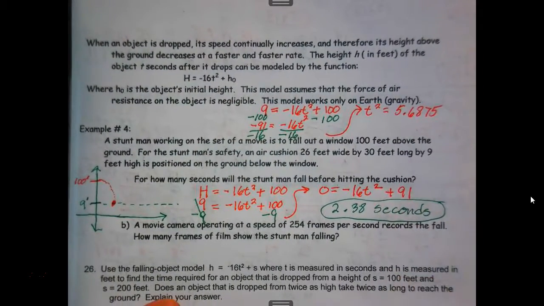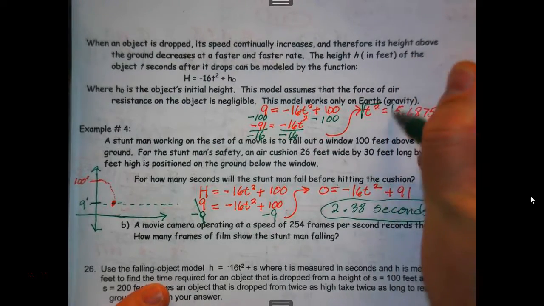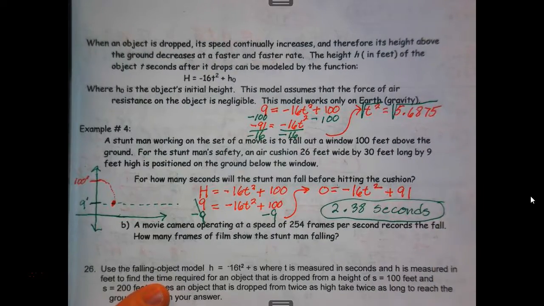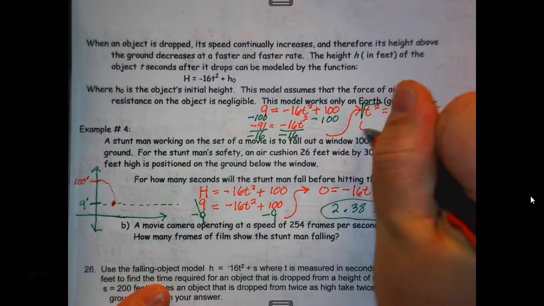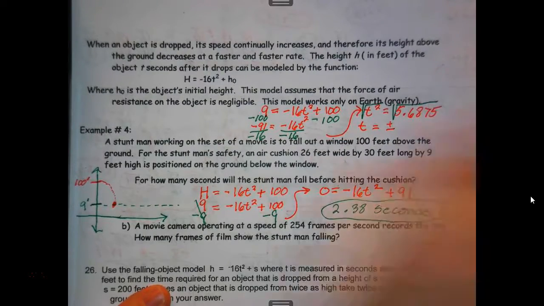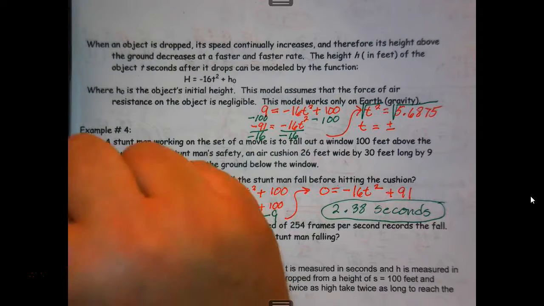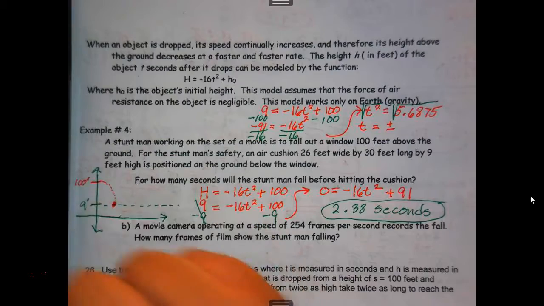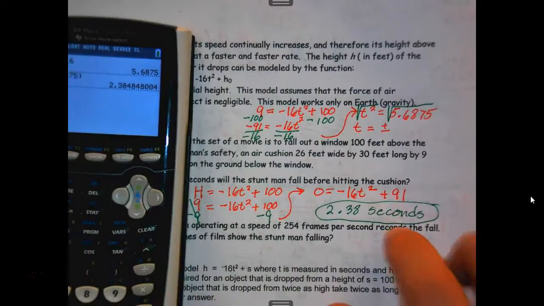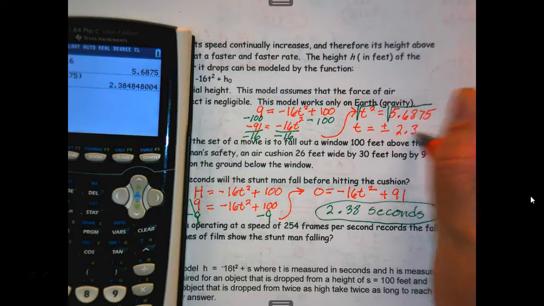Now, normally I would use a fraction, but since this is a real-life problem, I can use decimals, and I should use decimals. Okay, how do I get rid of the power 2? That's right, take the square root of both sides. So t is going to equal plus or minus the square root of 5.6875, and guess what I get? 2.38.